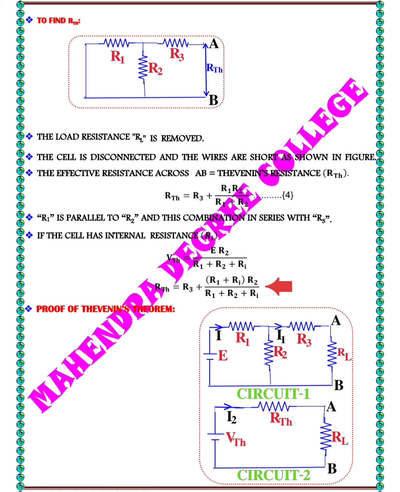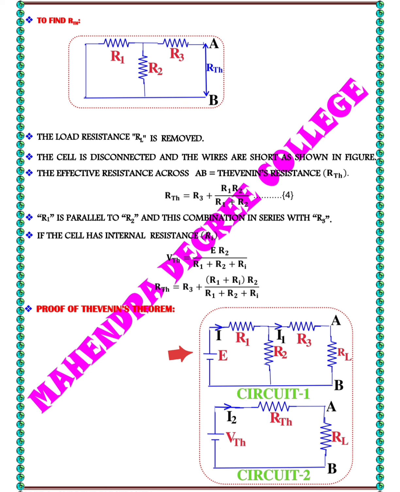R2 is connected such that the combination of R1 plus Ri is in parallel with R2. R3 is in series with the whole parallel network. Next, we discuss the proof of Thevenin's theorem.